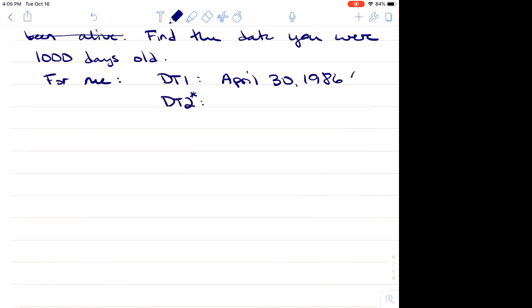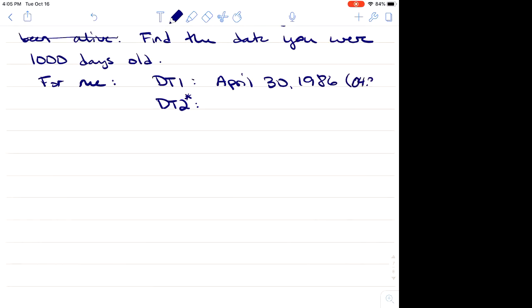So date 2, that's the one I want to solve for. April 30th, 1986, putting that 1900 into the text here. I should have left myself some more room, but I want to do 04/30, 1986. See if it works. Oh, it just knows that it's not in the future? Oh, cool. Even better.